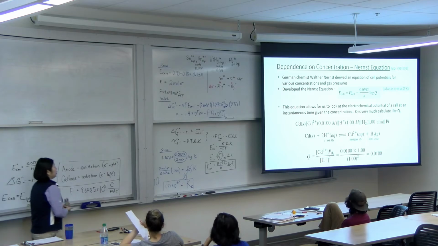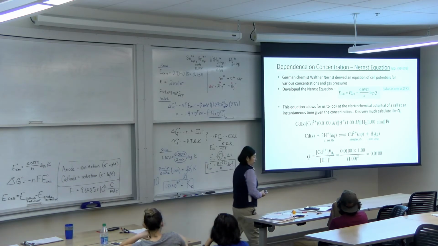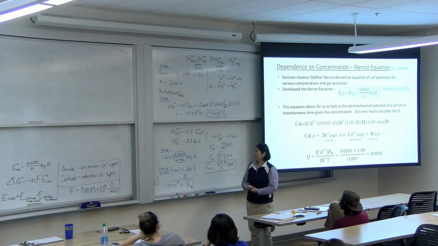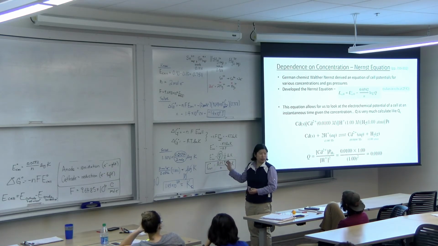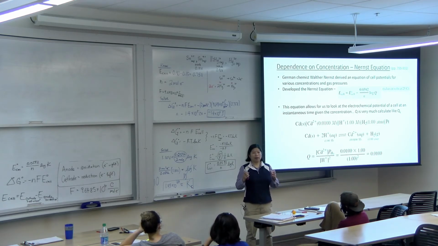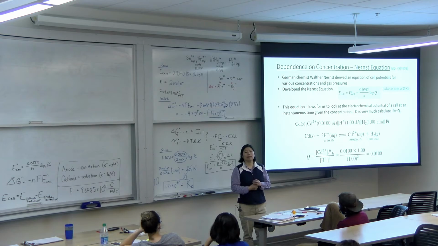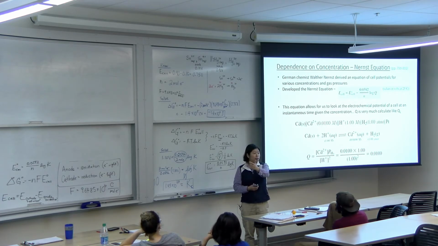So, one more final thing. So far we've done this, and this is all at standard conditions, right? So who remembers what were some of our standard conditions? 1 atm, 1 molar, 25 degrees or 298 Kelvin, right?